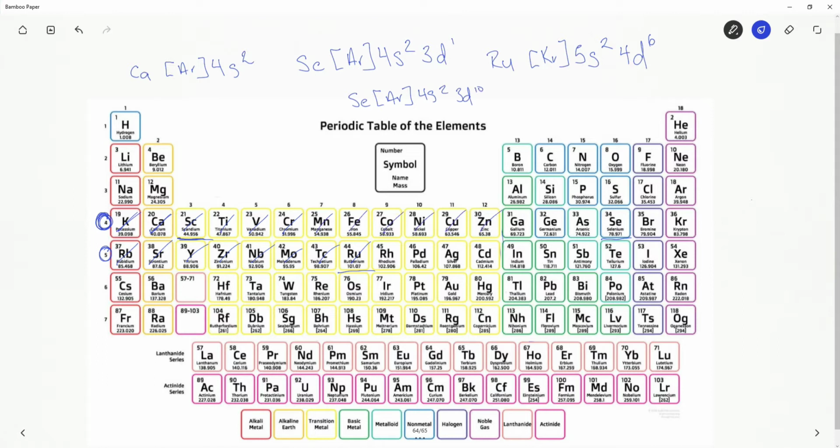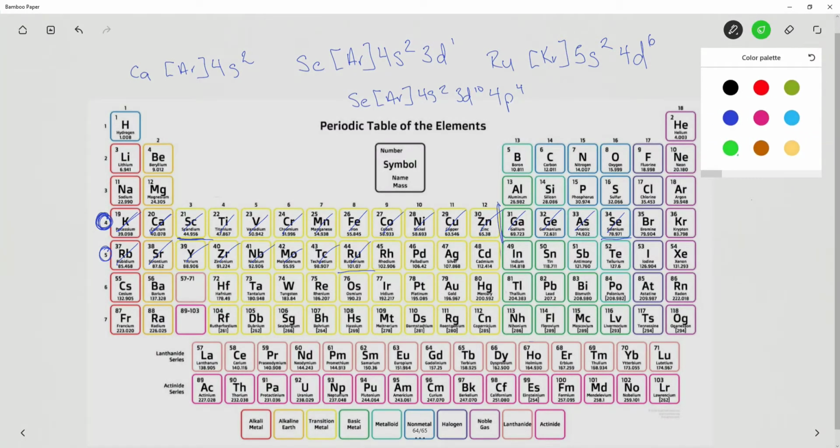Once you pass by zinc, you're in the p orbitals again. And remember, the p orbitals do match up with whatever period you're in. So I'm now in the 4p's, and to get to selenium, I have 1, 2, 3, 4 electrons in the 4p orbitals.